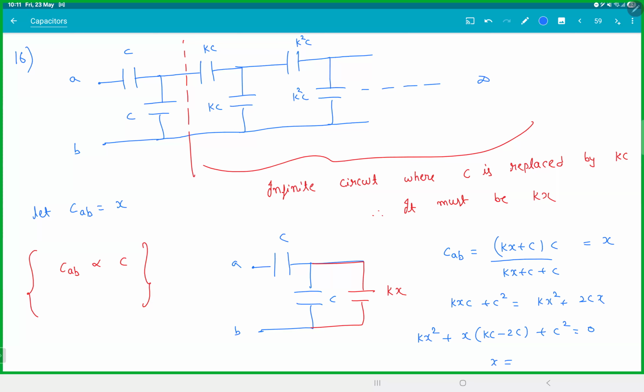Solve this, you'll get X from here. Other steps clear, everyone? If you put K equal to 1, that will become your regular circuit. Everyone got the logic there?